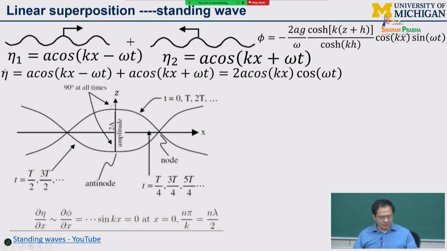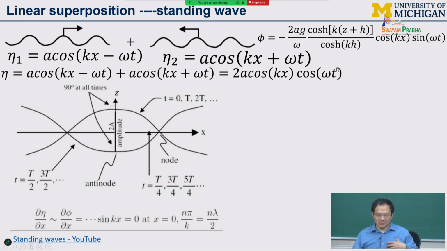The water wave amplitude eta is a function of cosine omega t times cosine kx. What this means, for a fixed point x, the amplitude just moves up and down as a cosine, right? And the amplitude at a fixed point depends on kx, the exact location, right? So this amplitude is fixed, right?